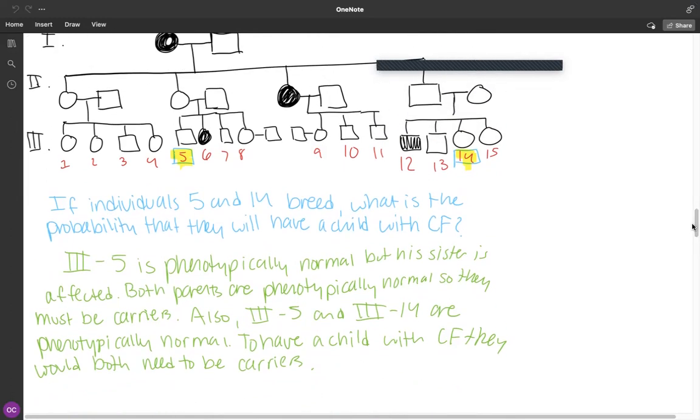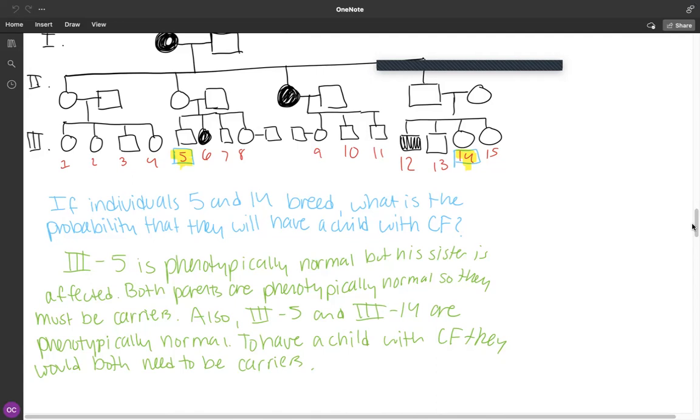So starting off with individual 3-5, they're phenotypically normal, but you'll notice that their sister, number 6, is affected. And you'll also notice that both of his parents are phenotypically normal. So that means since we're working with an autosomal recessive pattern of inheritance, they both must be carriers.